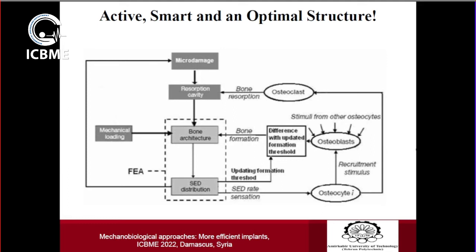On this slide, you see in the middle, if you apply load on bone architecture, because we have sensor cells within the bone, so-called osteocytes, they sense the mechanical stimuli, then they send appropriate signals to bone-making and bone-destroyer cells, osteoblasts and osteoclasts.